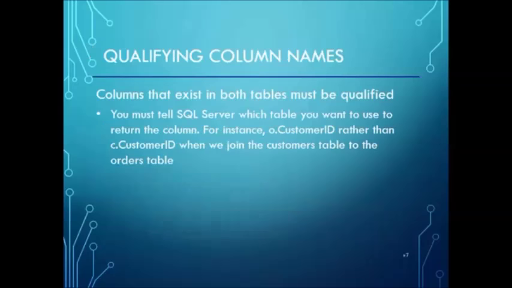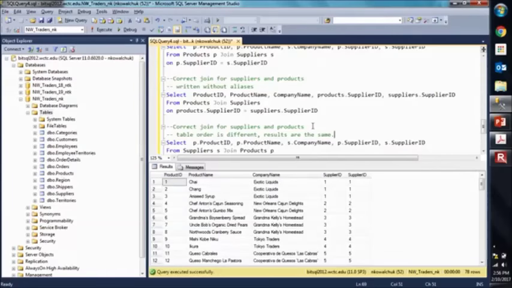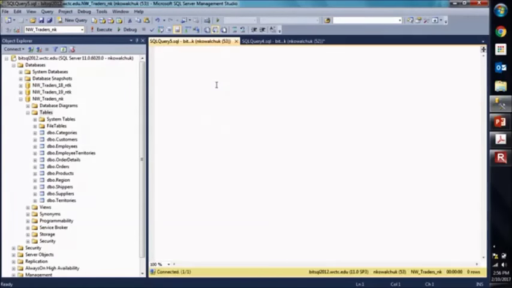Okay, we talked about qualifying column names. Now let's talk about outer joins. So if we look at, I'm going to open a new window here. So if we look at our customers, I'm going to make the text a little bit bigger for you. I have 92 customers.